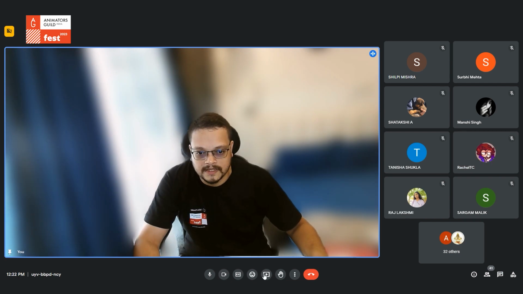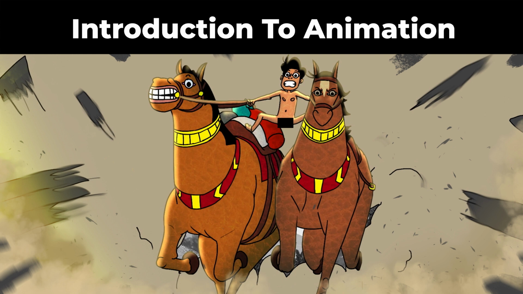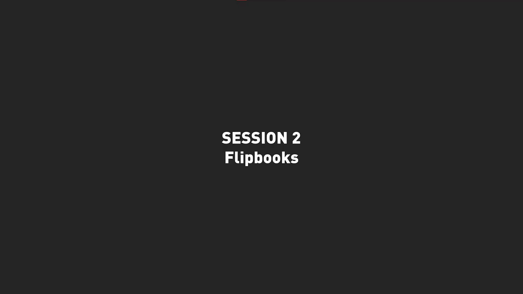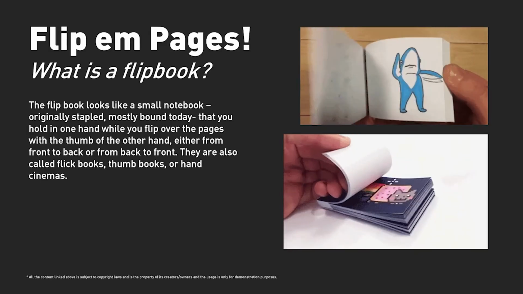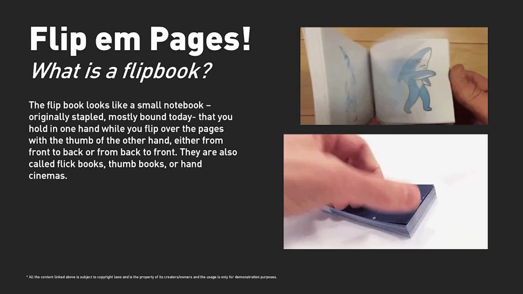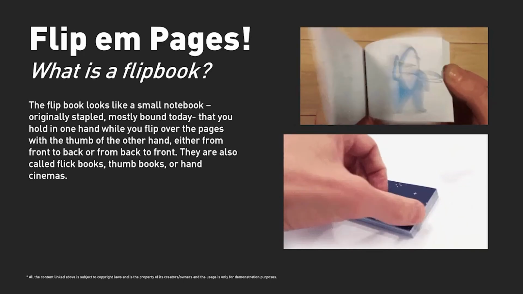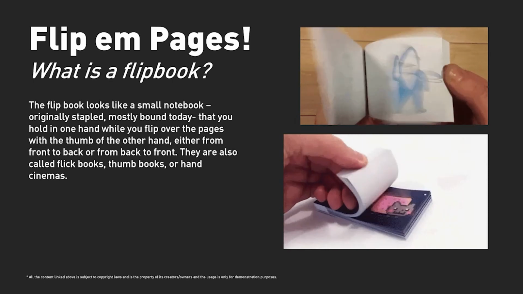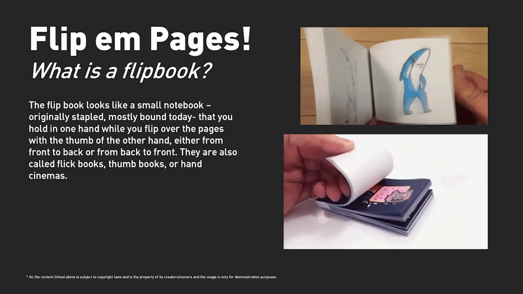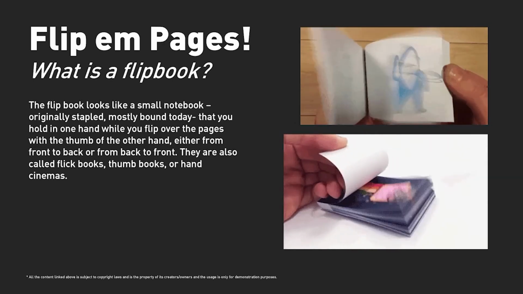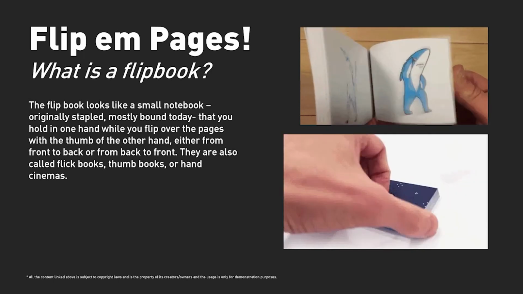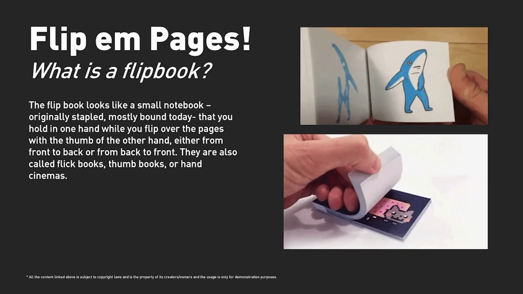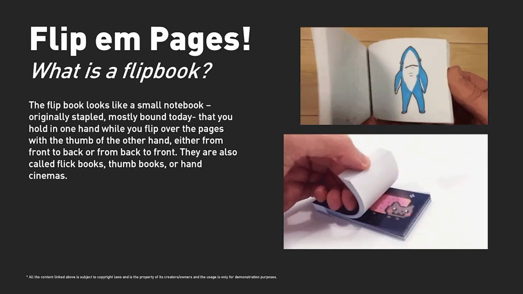So I'm going to present my screen right now. This is again introduction to animation. A boy riding two horses. Today's session is flipbook. As we discussed, flipbook is essentially consecutive drawings on papers, frame by frame, which appear to be moving, and the drawings need to be in sequence, following all the principles of animation, so that they look exciting and colorful.